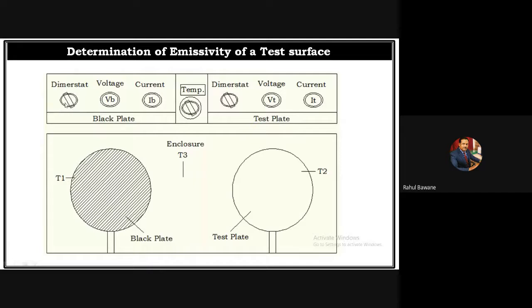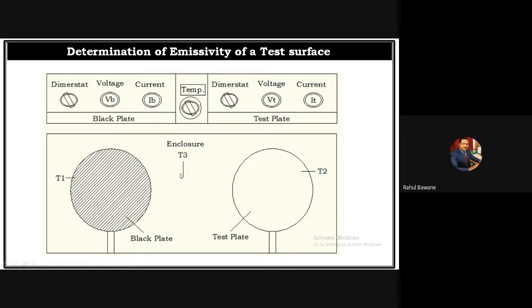I rotate the dimmerstat so that I observe 50 volts on the voltmeter for this black body, and the corresponding current will be there. If I multiply voltage and current, I come to know how much heat I am supplying here.